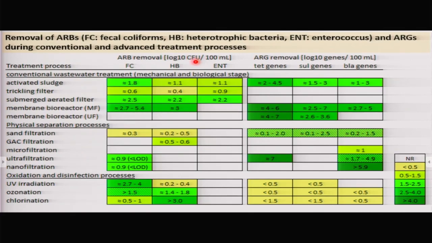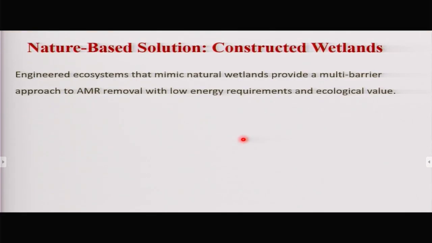Look, we are now interested in killing the ARB, but please do not forget that heterotrophic bacteria and other bacteria are also there. When you do a treatment step, you get kills. We are not saying, okay, good bacteria, you stay, you go. That's not it. In totality, we look at the number of counts and all that. So you can get a feel of what these promising technologies are.